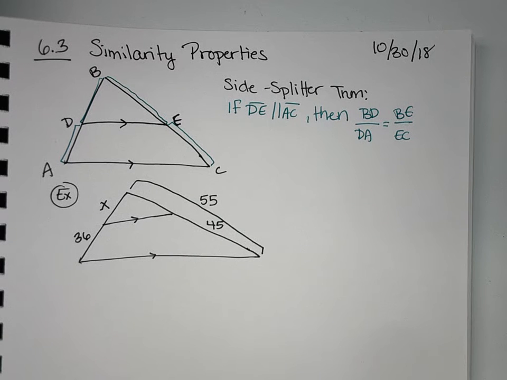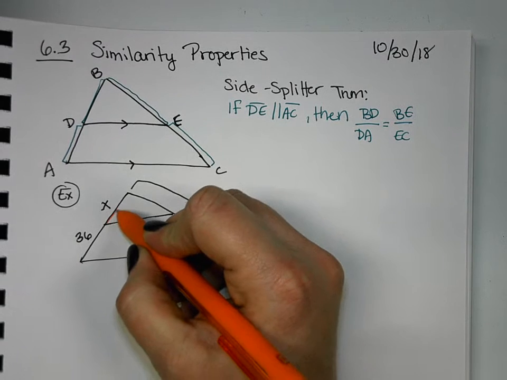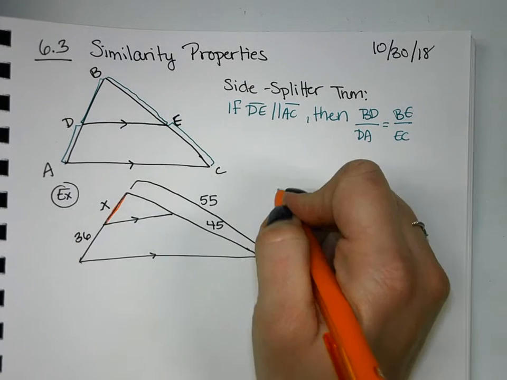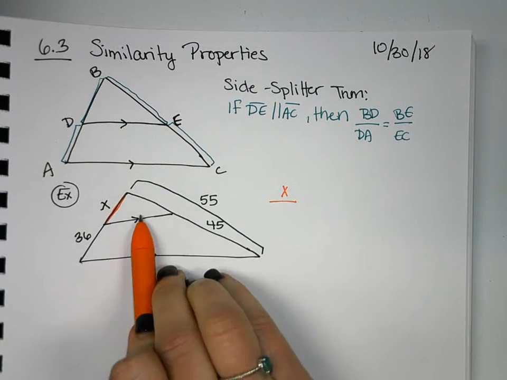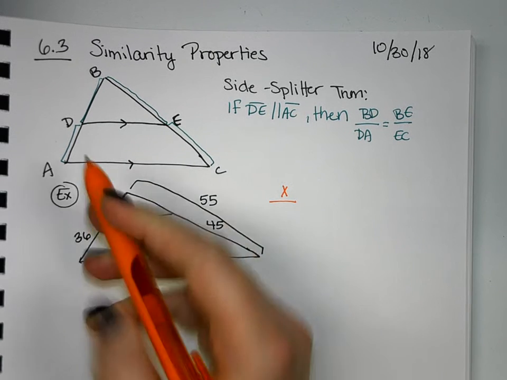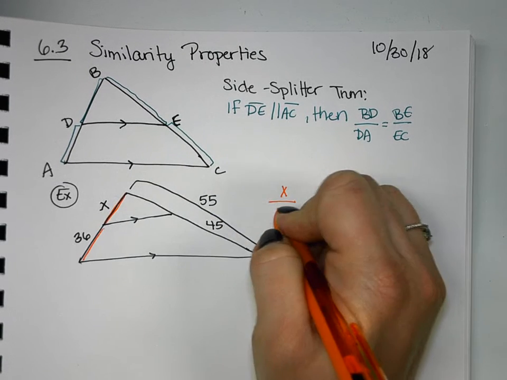So when we look at this picture and we want to try to set up a proportion so we can solve for x, because that's the whole point of this unit, is to set up different proportions that let us solve for x. So I know that I have this side here, x. Because these two are parallel, I can take x and put it over just 36.